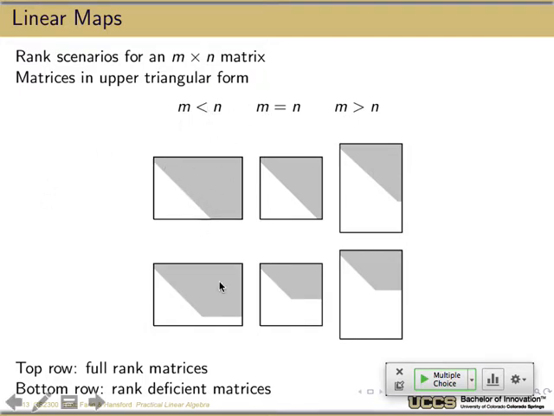When I get done with it, it'll have some rows that are 0. So the top ones are things that are full rank, and the bottom examples are rank deficient matrices. When I do Gauss elimination, I eventually get some zeros on the diagonal and all to the right of it, and I will have a rank deficient matrix. I get a full row of zeros.